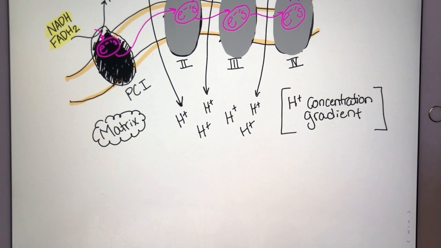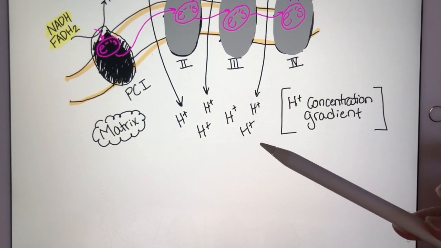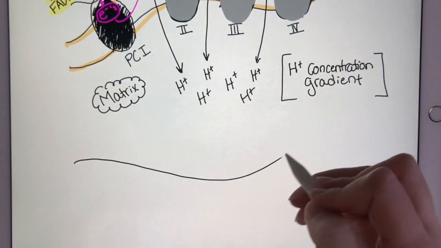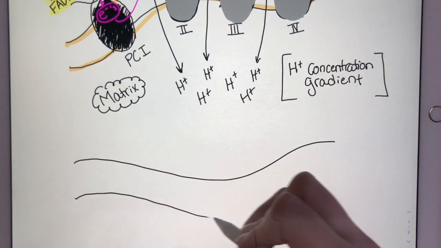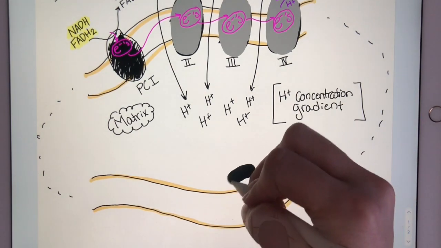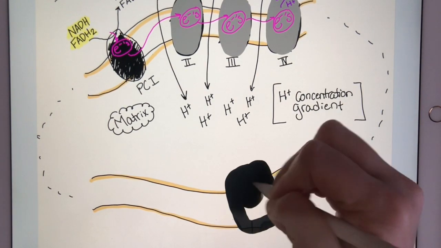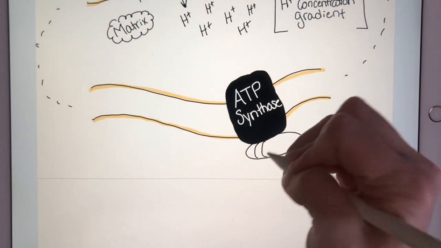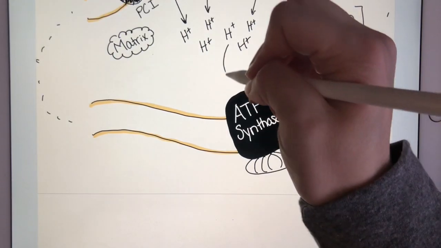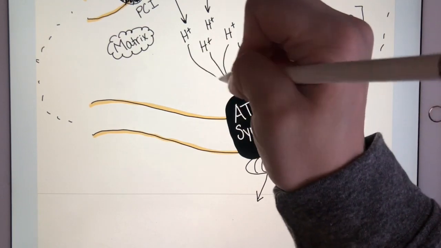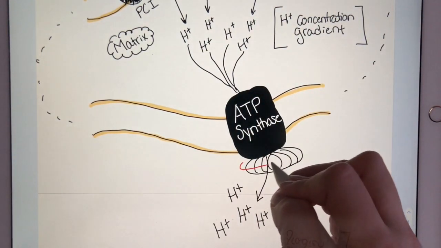Similar to light-dependent reactions of photosynthesis, when we have a high level of hydrogens inside, we can use those to our advantage. So I'm drawing another area of cristae membrane. In this area of the cristae, we're going to have our favorite protein complex, ATP synthase, which has that spinning section on the bottom, so that when enough hydrogens pass through, you'll get rotational energy, which I'm going to represent by this red arrow here.